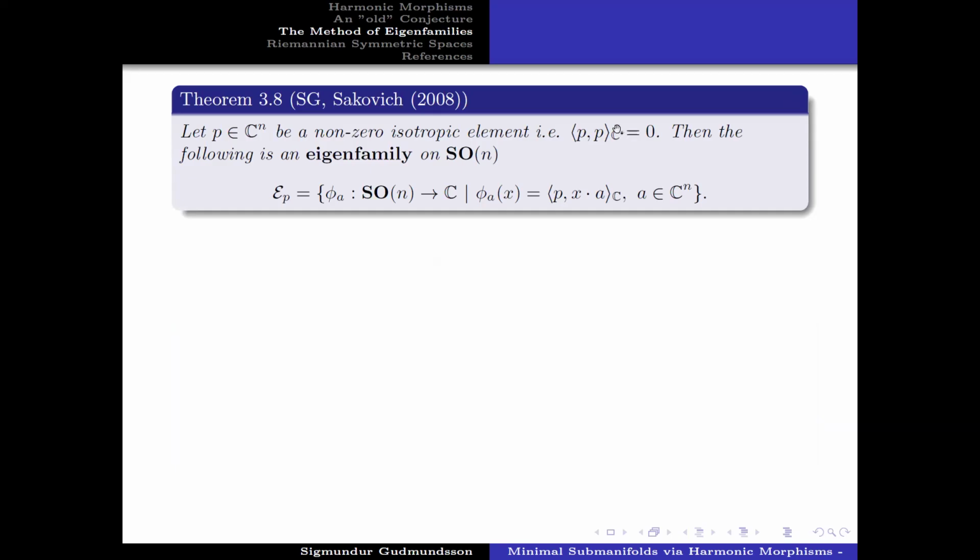What does that mean? Here, this is the bi-complex inner product. If you pick this to be zero, that's easy. It then turns out that this is an eigenfamily. What does that mean? It means that these guys are eigenfunctions of the Laplacian, but also of the kappa.